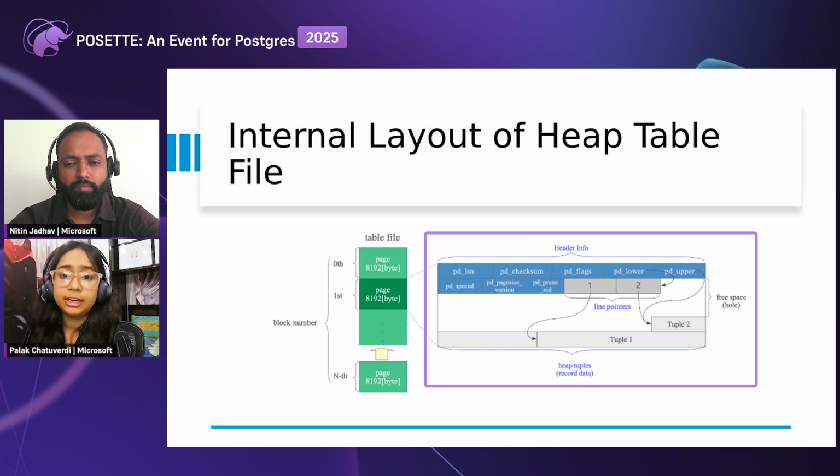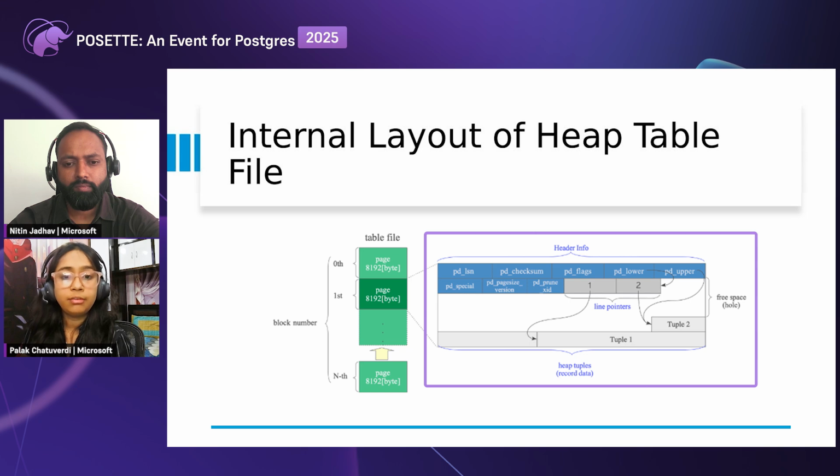There is pd_lower that points to the end of the line pointers, and pd_upper that points to the start of the tuples. Line pointers are the pointers that point to each of the tuples, and tuples are the actual table data. Between the line pointers and tuples, we have free space, which the free space map tracks. This is the free space where more data can be added.